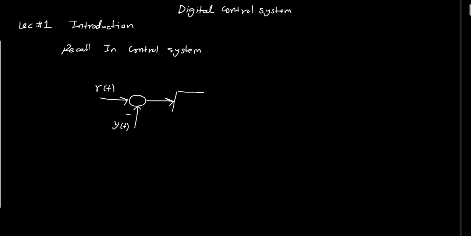Then I need to minimize the error signal. Here I'm generating the error signal. I need to minimize the error signal using a controller or filter or a compensator. Let's call it controller. The controller will give me U of t, the actuation signal, which will go to the plant.